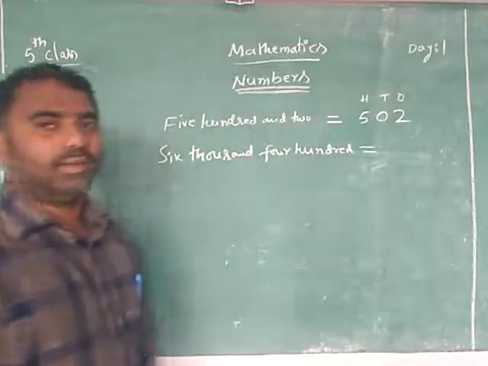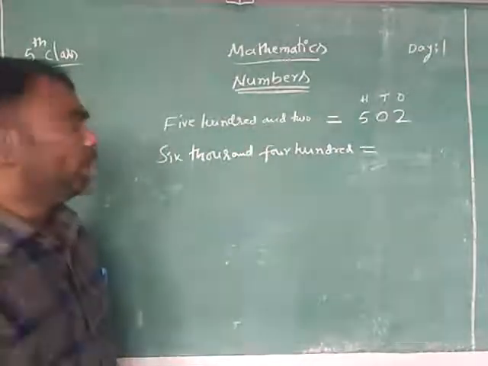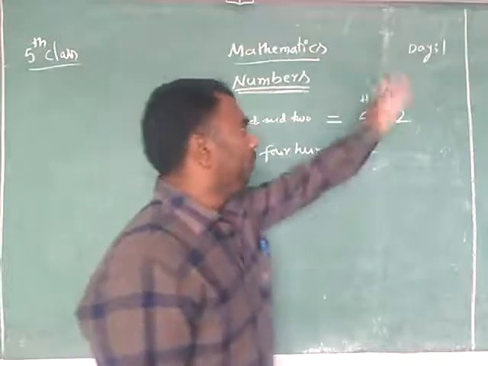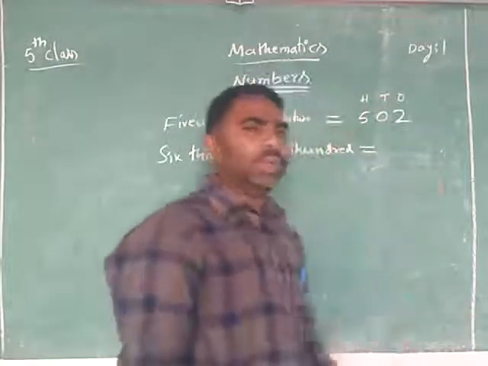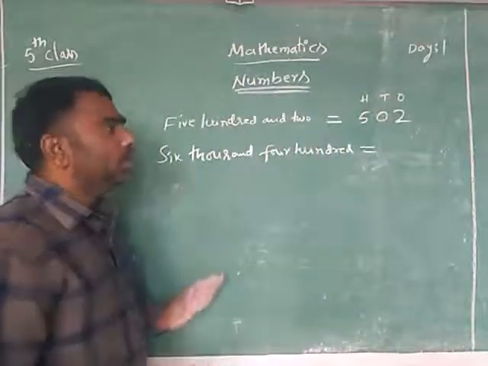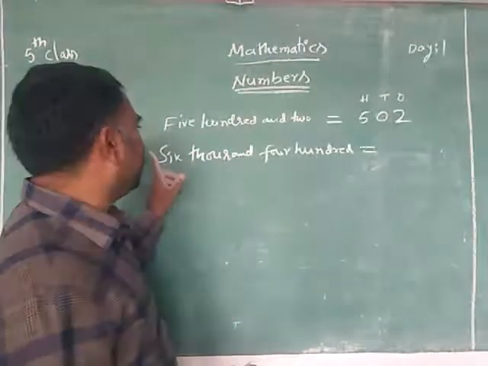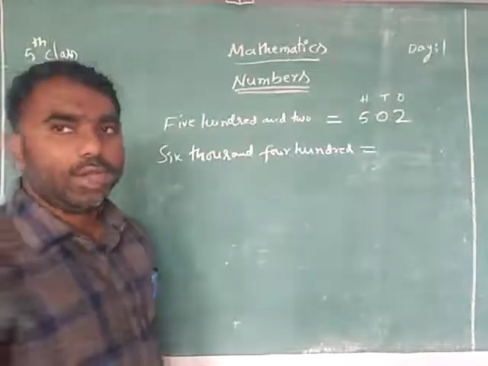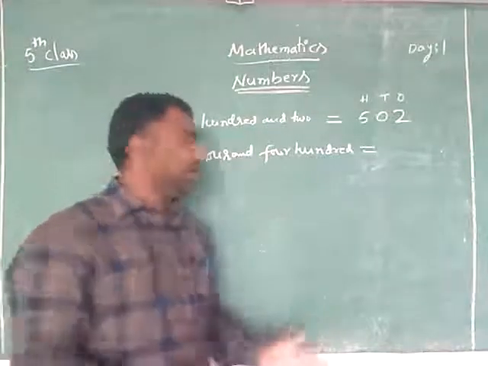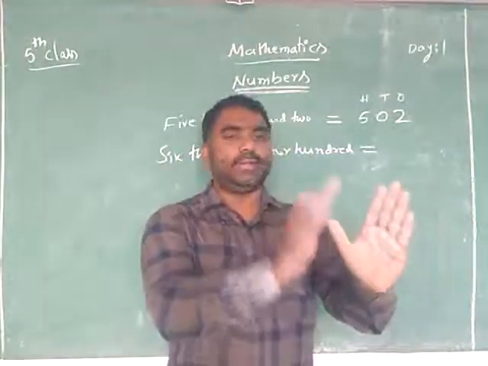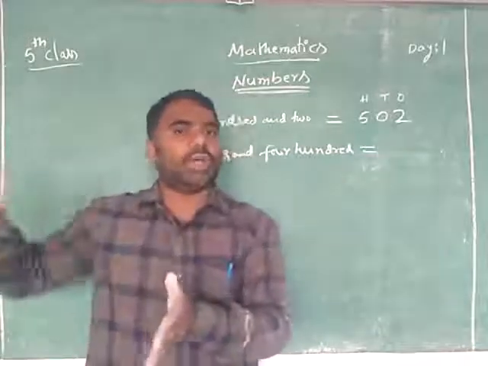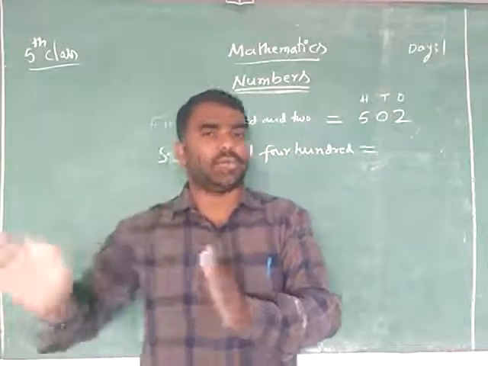6,400 I have written here. Then what do you write? You will think of the places. Without writing the places, it is also very easy to write. When thousands are there, first try to read it. What is there? 6,400. We keep the comma in numbers after the ones, tens, hundreds; the comma separates the thousands and hundreds.